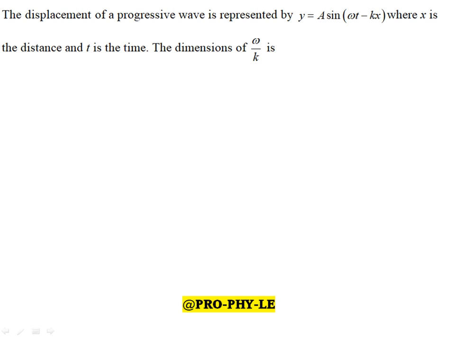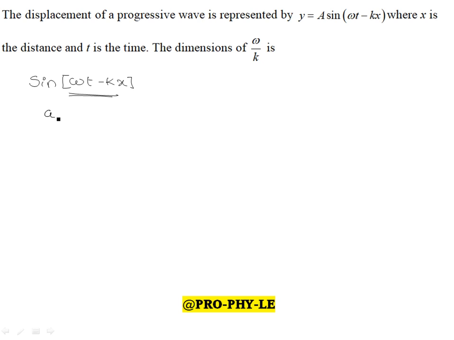The displacement of a progressive wave is represented by an equation like this, where x is the distance and t is the time. Then find the dimensions of omega by k. Now look at this, whenever there is a sine function or any trigonometric function, the argument omega t minus kx within it will not have any dimensions.